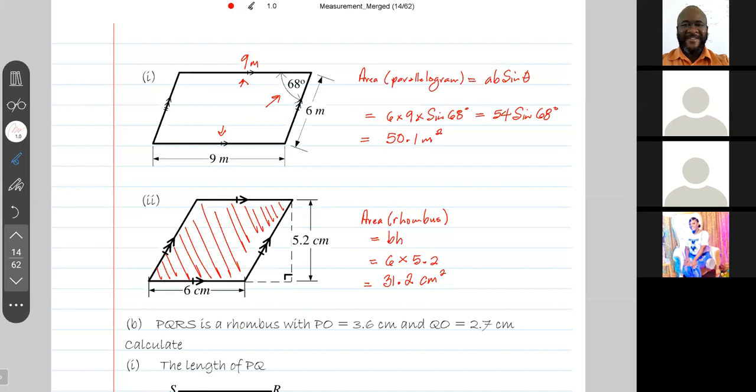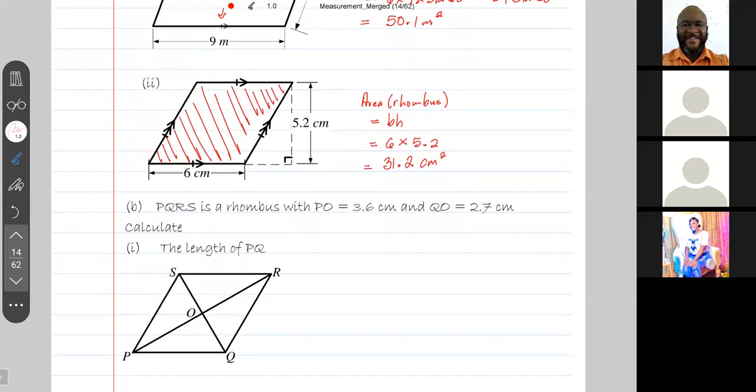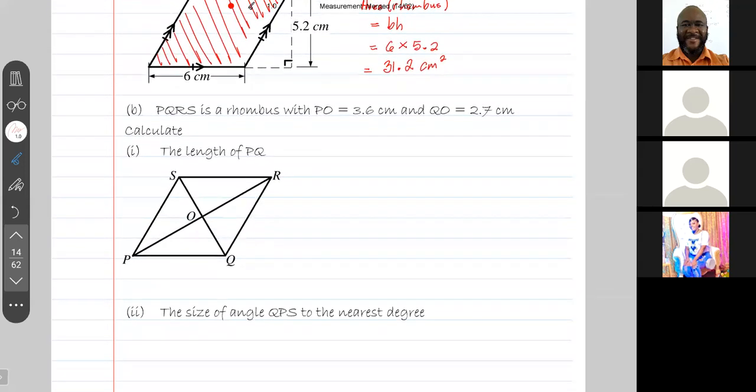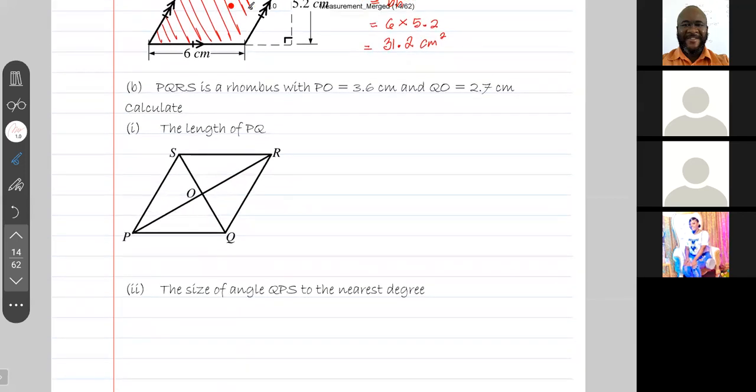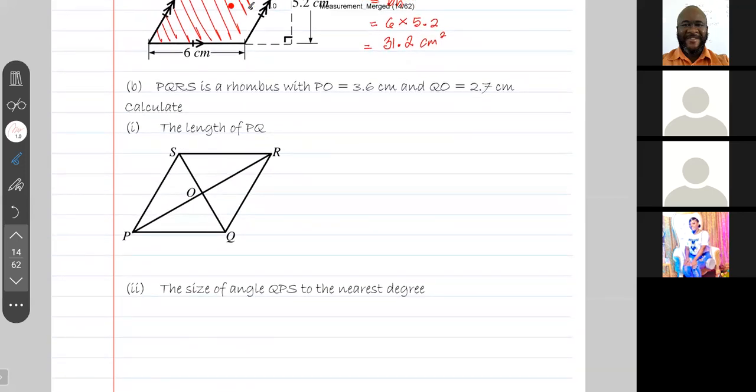Let's have a go at B. Let's see what B is saying. B says PQRS is a rhombus. So all 4 sides are equal. Opposite sides are parallel.